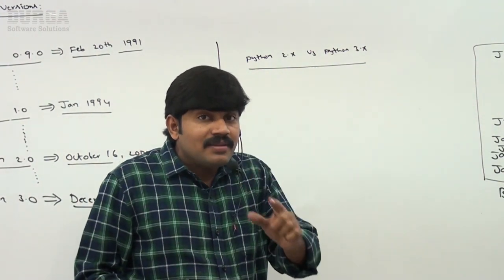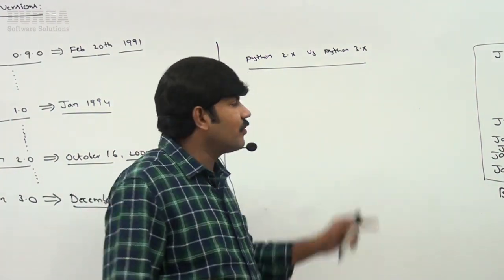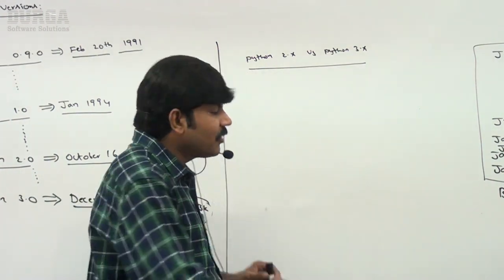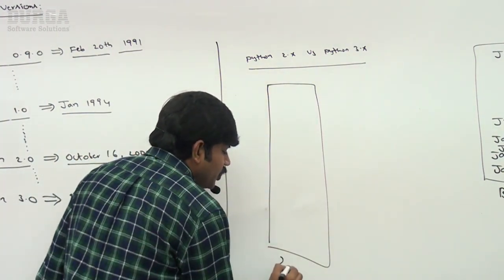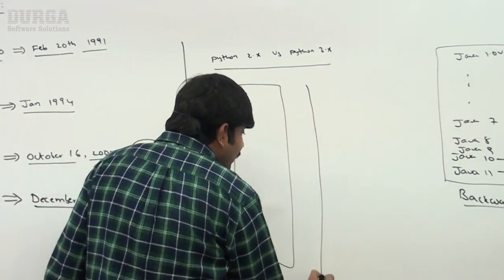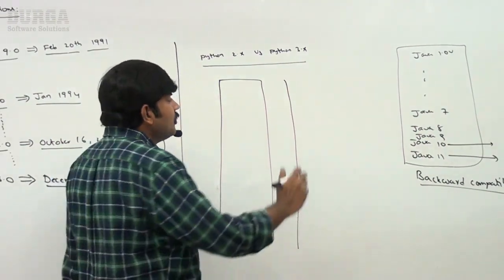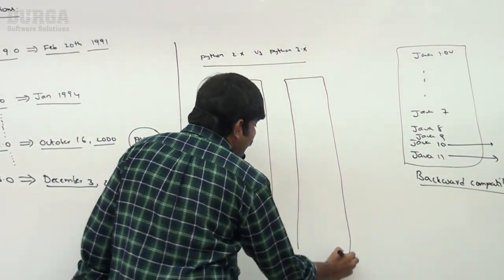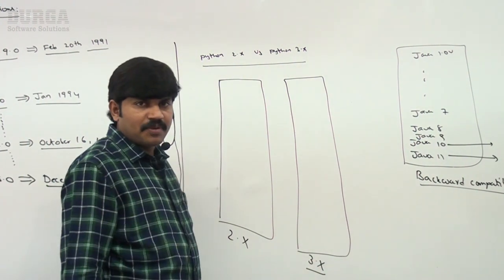Python 3.x is not an advanced version of Python 2.x. Remember, Python 2.x is one language. Assume that. Python 3.x is not an extension to Python 2.x. It is developed as a completely independent language. Remember this one, sir.